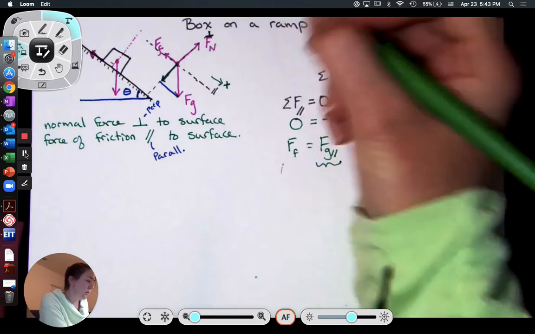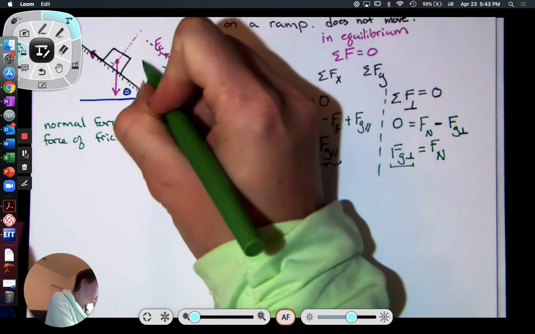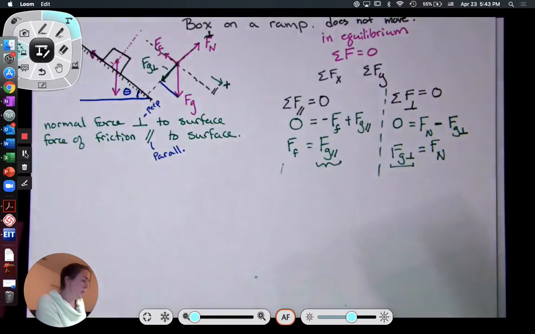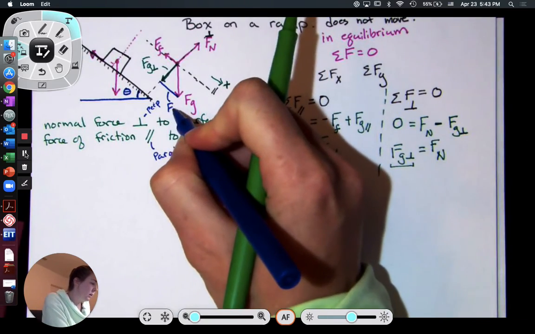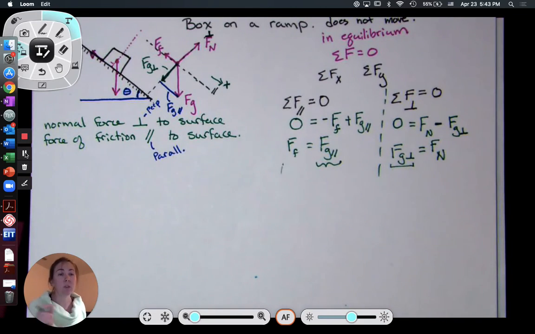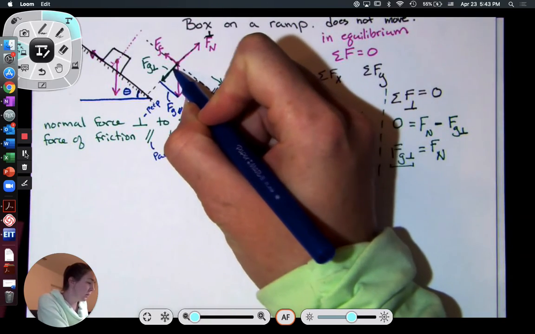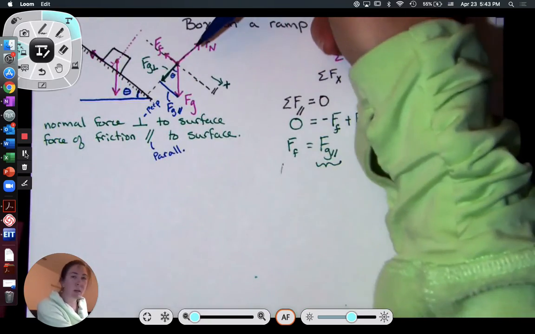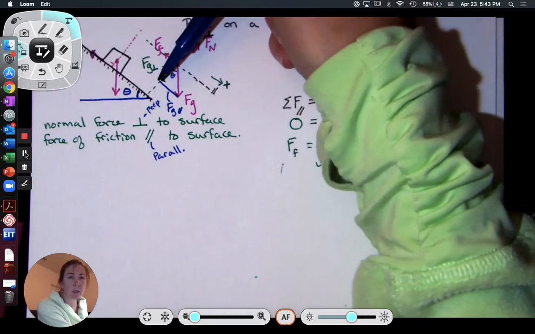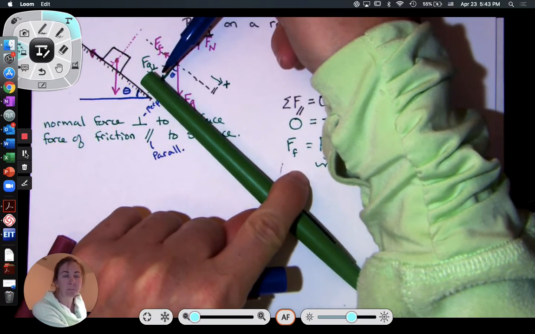Okay, so the triangle that we have here, this is going to be our force of gravity that's perpendicular to the ramp. And this is going to be the force of gravity that is parallel to the ramp, just like the x and y for FGX and FGY. So the angle theta is the angle that this triangle encloses, this one. So remember, you take that normal force and you sketch it all the way back, and then you drop a perpendicular line in from your force of gravity.